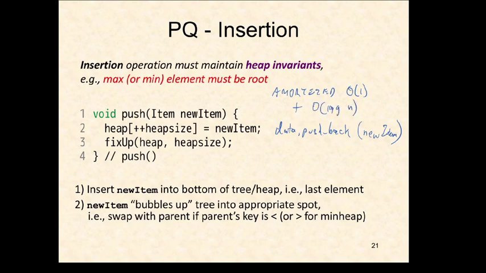So this thing is O of log n. It might have to go all the way to the root of the tree, or it might stop after 1 or 2 or 3 fixes. But it will never go longer than the height of the tree. So our complexity of priority queue push is log n.